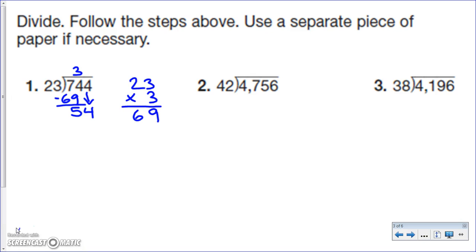So we're going to try 23 times 2. Which gets us 46. And this is why it's important not to erase your work, because by doing that, we didn't have to check again to see if 69 was too big. We knew it right there, so we knew it couldn't go into 744 3 times. So now we're going to put the 2 over the remaining 4 and subtract again.